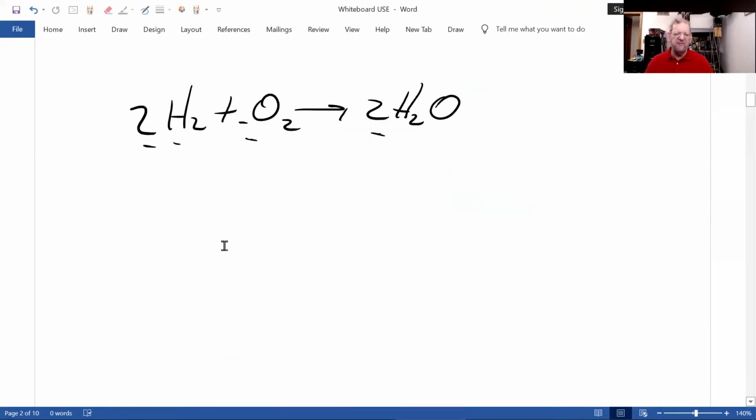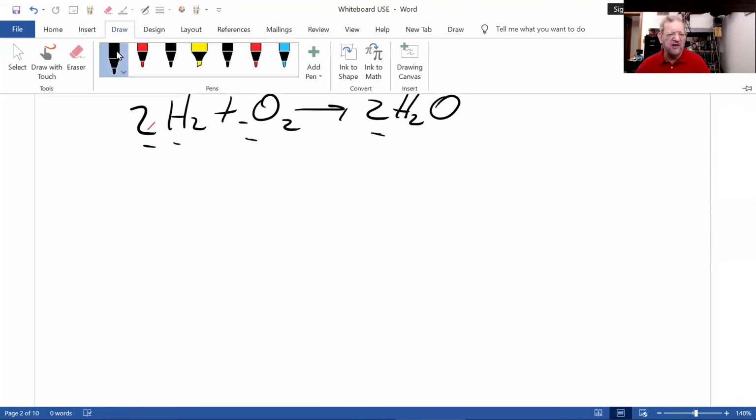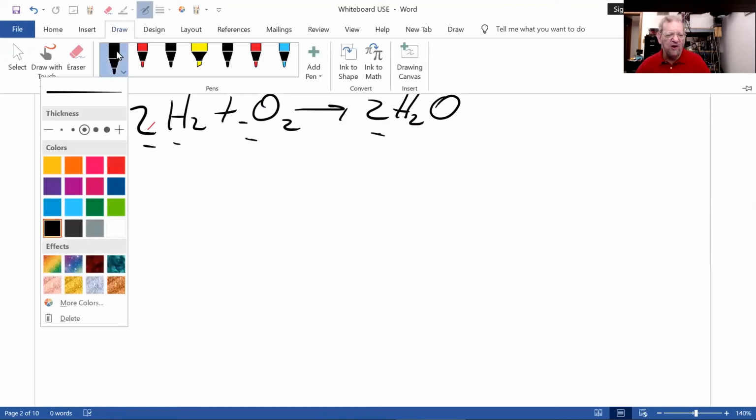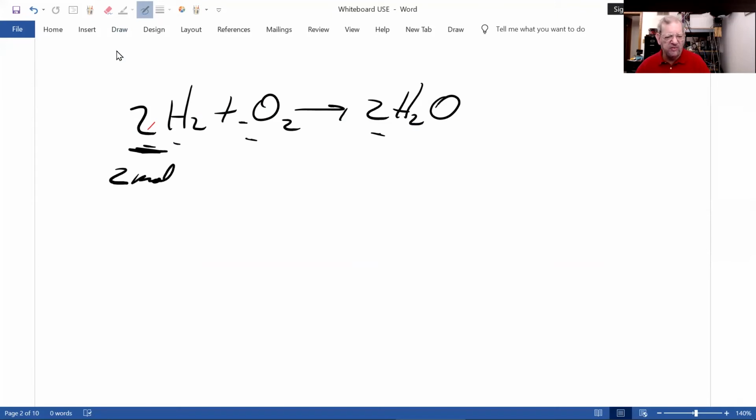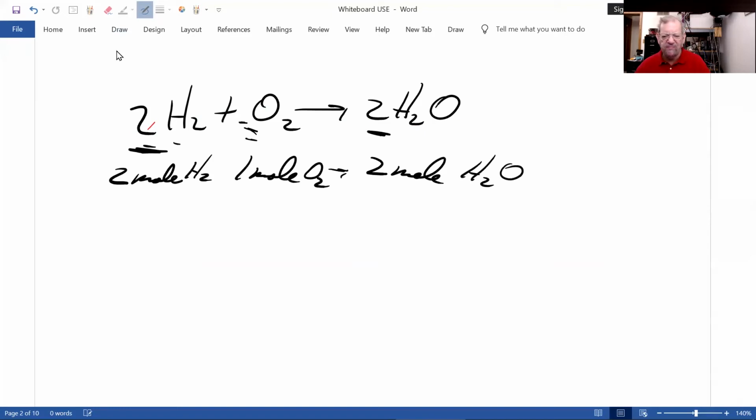I know of nothing more powerful. What this really means when we look at this balanced equation is 2 moles of hydrogen react with 1 mole of oxygen to make 2 moles of water. And that relationship is so powerful. Maybe today or Thursday, I'll give you an example.